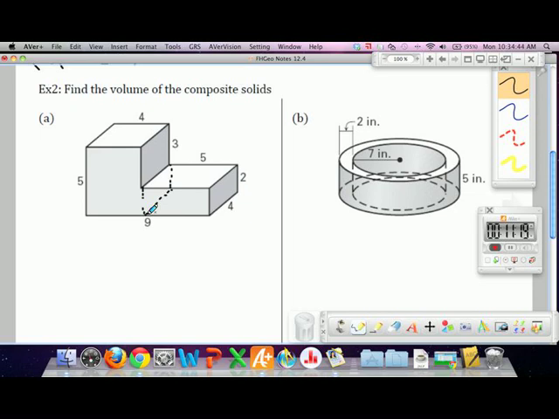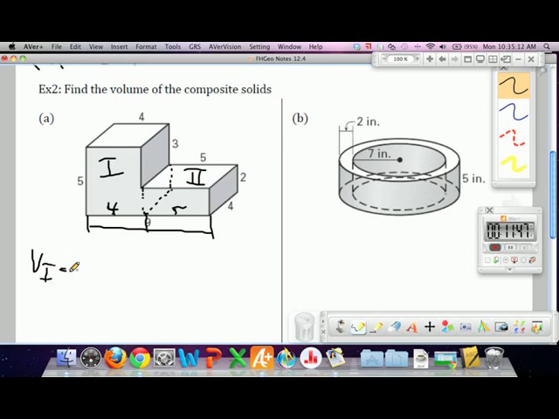By doing so, we need to divide this side length into two parts. This piece being 5, therefore, the whole thing's 9. This is 5, so this piece better be 4. My strategy here will be to compute the two volumes and add together.